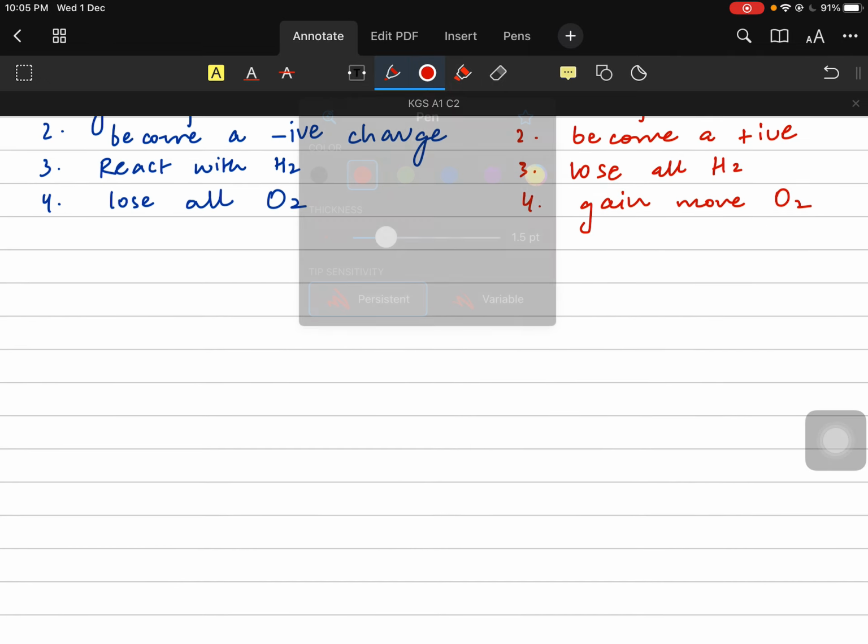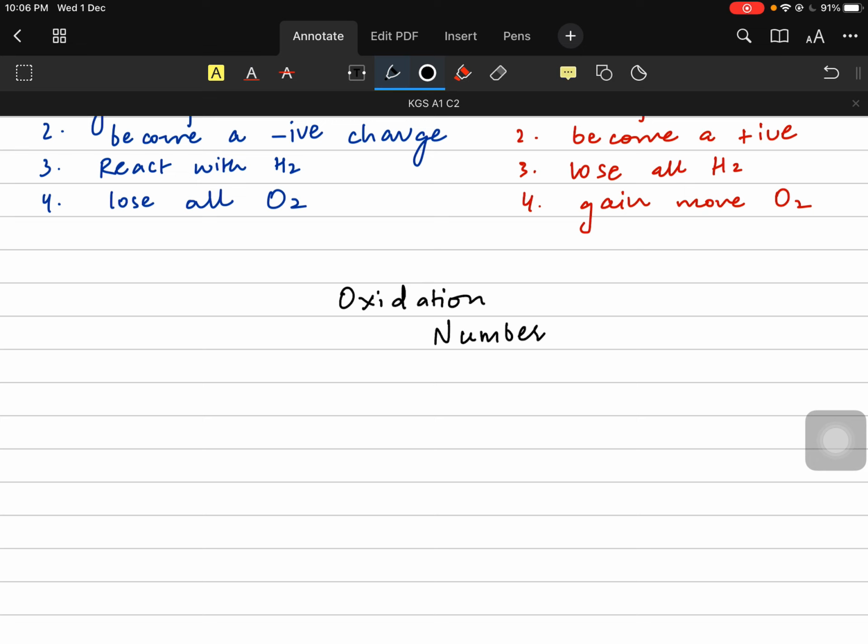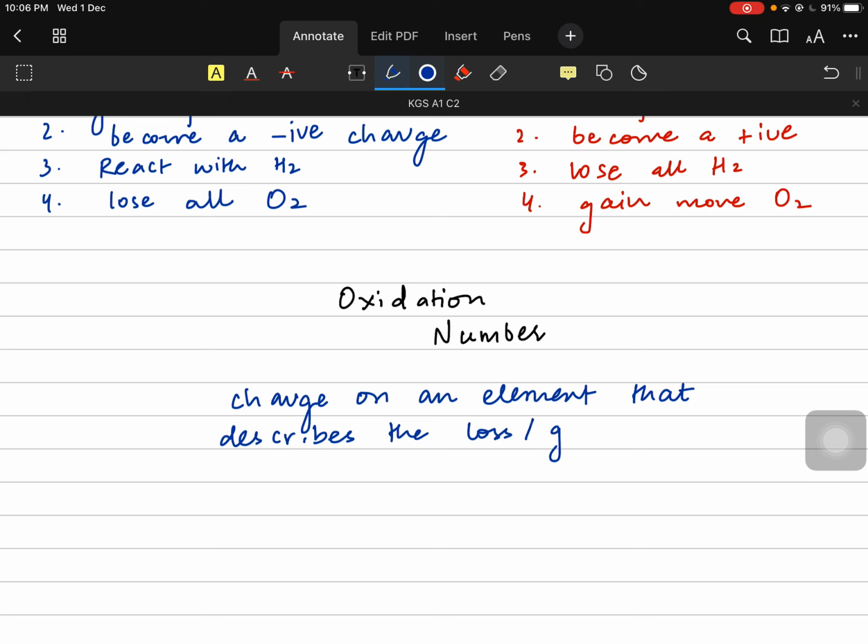In today's video, we're going to be talking about the idea of oxidation number. Remember in the first video I mentioned that instead of charges, we'll be using another term in the upcoming videos, and that is oxidation number. So it's a charge on an element that describes the loss or gain of electron by that element.